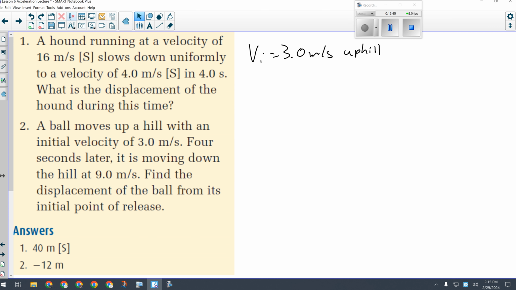You should never write a number as a word in physics. We're going to assume it's 4.0, just because that's one of the reasons we don't use the textbook very much. Okay, 4.0 seconds. It is moving down the hill at 9 meters per second.